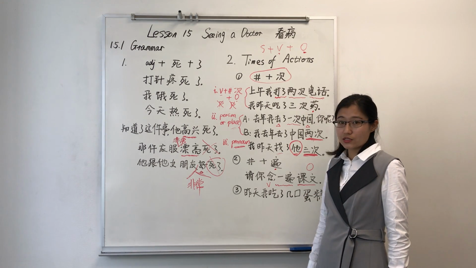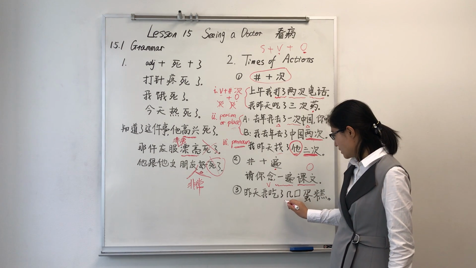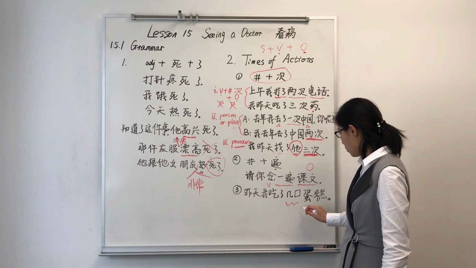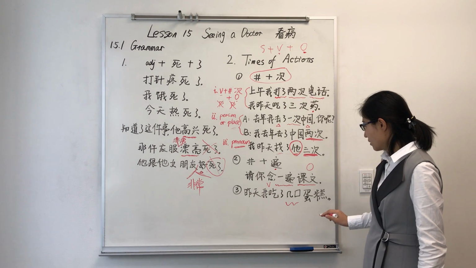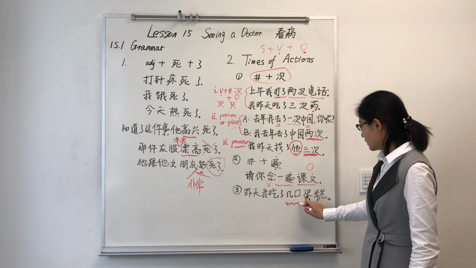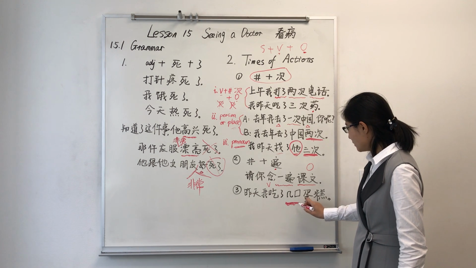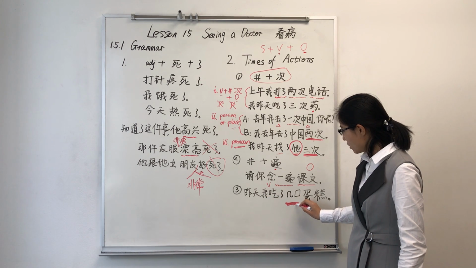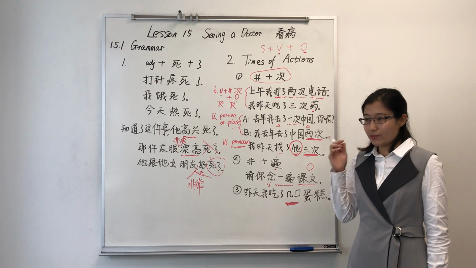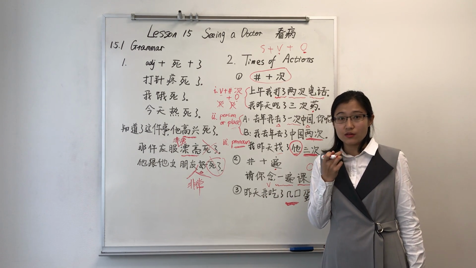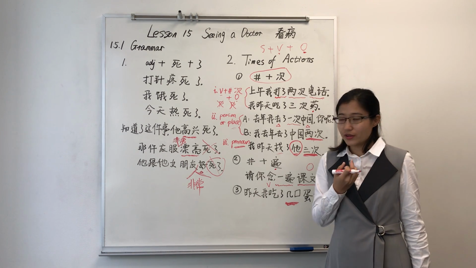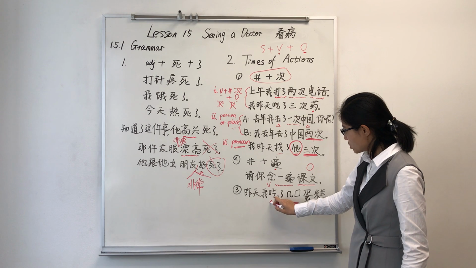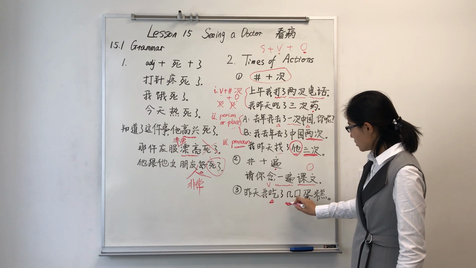Next one, in our textbook you will see 昨天我吃了几口蛋糕. This is the exception, where we describe the action using 几口, because you can imagine that when you eat, you are using your mouth. So when we describe the verb 吃, we can say 吃了几口.